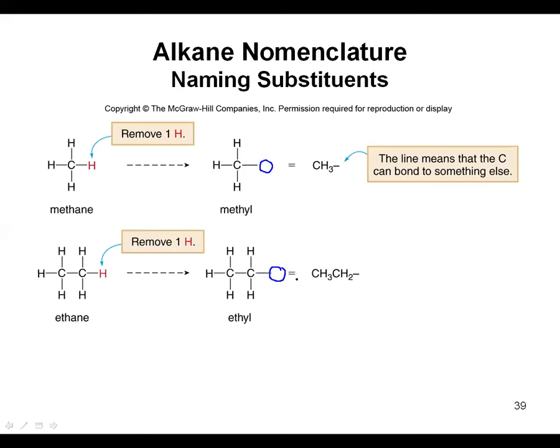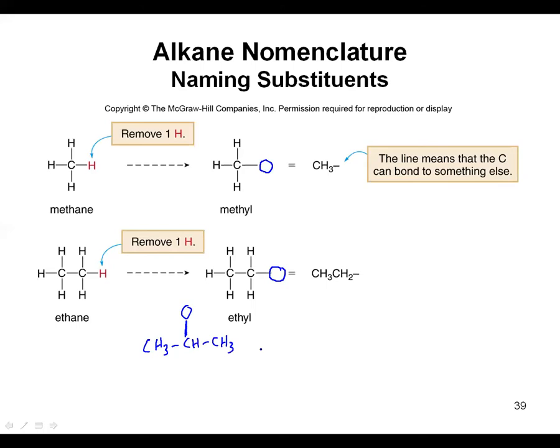There are some special groups, and probably the one special group that you need to know is this one here. This is CH3, CH3. The connectivity is happening right here into the main group.